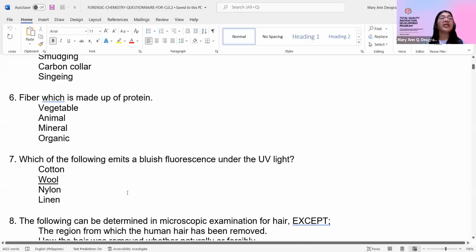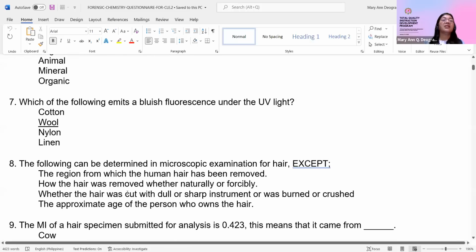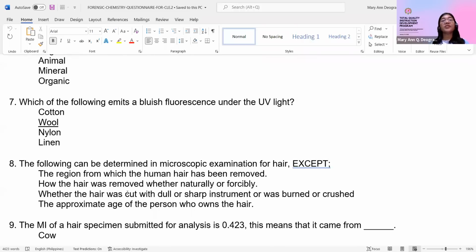Okay, number 8. The following can be determined in microscopic examination for hair except: first, the region from which the hair has been removed. So using microscopic examination, we can know which part of the body the hair came from. Yes, so that is included.